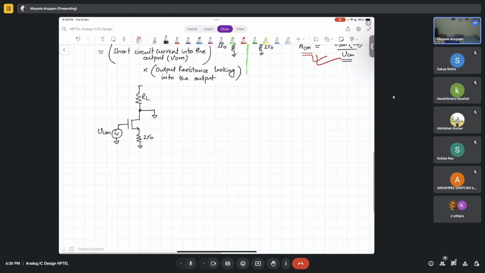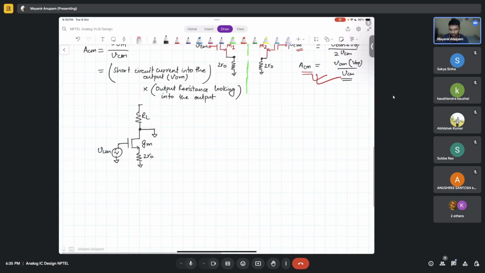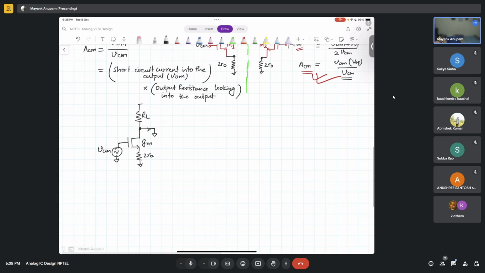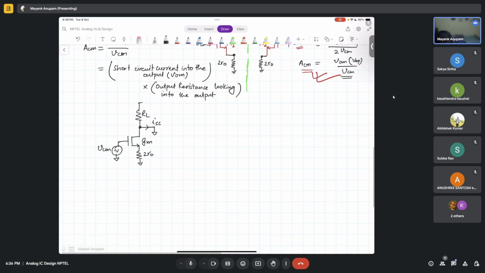So tell me, if this transistor has Gm, what will be the current ISC that flows out of this, or rather here? What will be the current in this polarity?